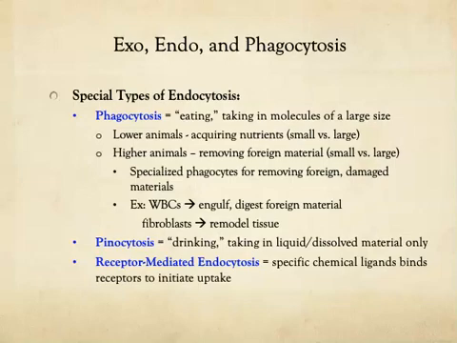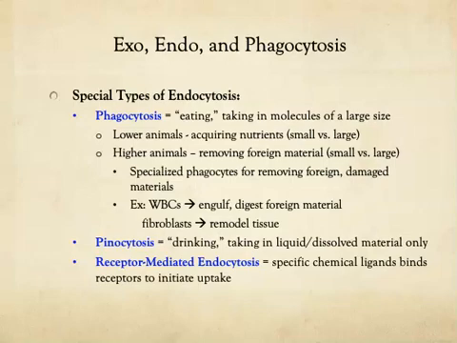I mean, think about, for example, immune cells encountering bacteria. Bacteria are generally greater than 0.5 micrometers. Many bacteria are 1 or even 2 micrometers in size. So we would describe that as phagocytosis, bringing in large materials from the outside.